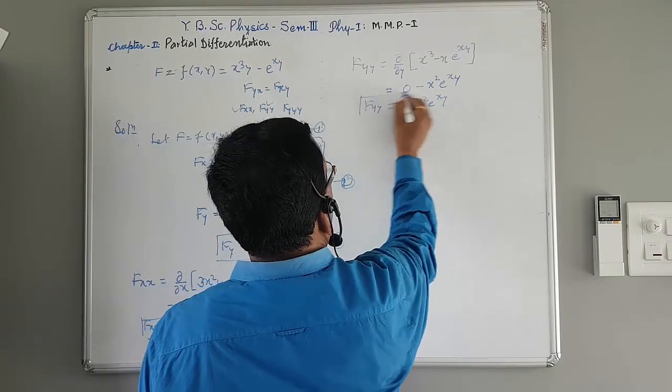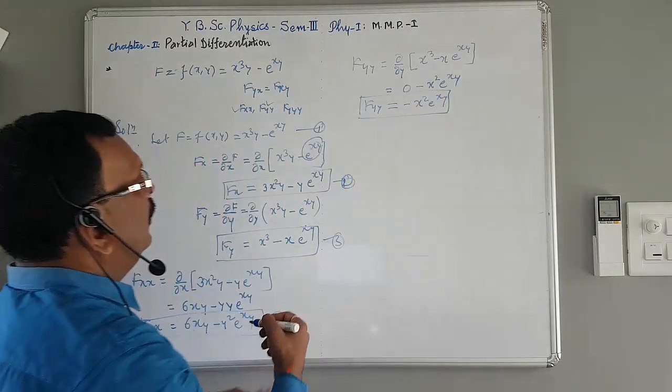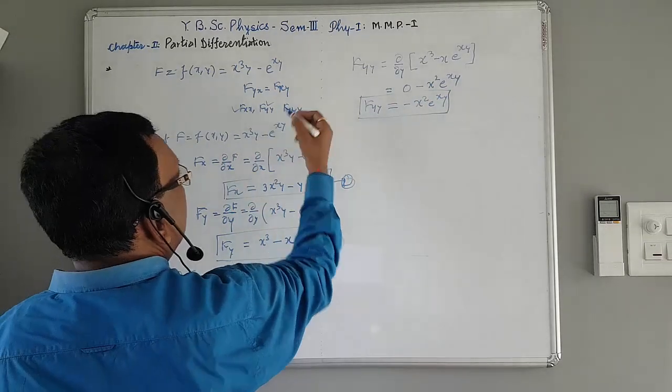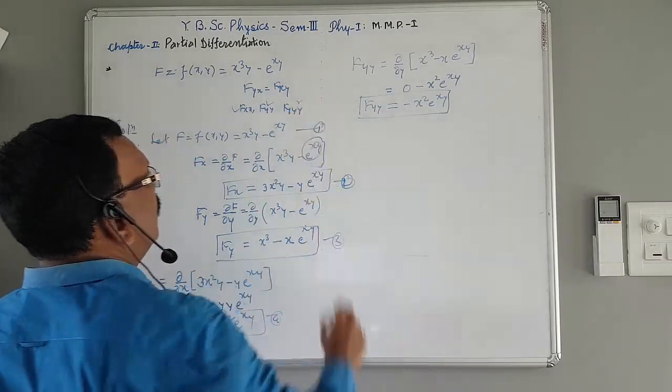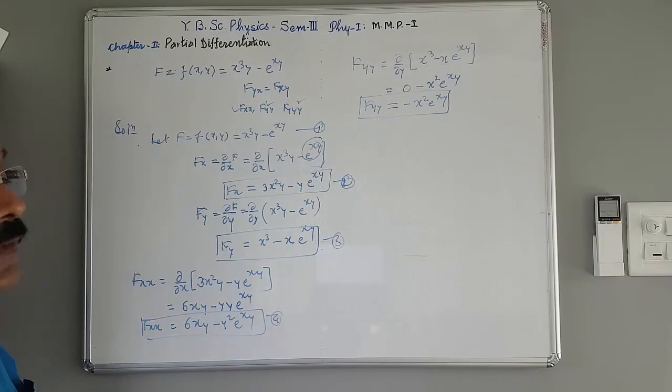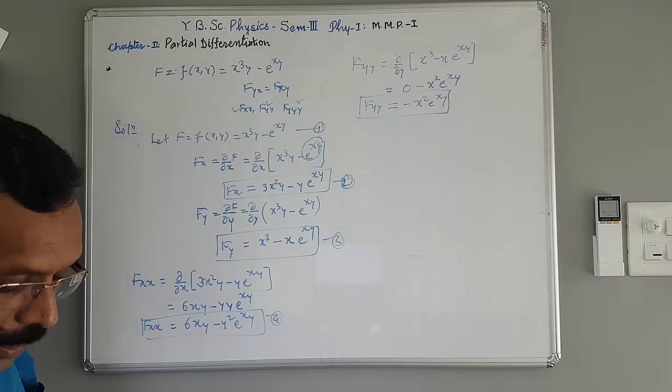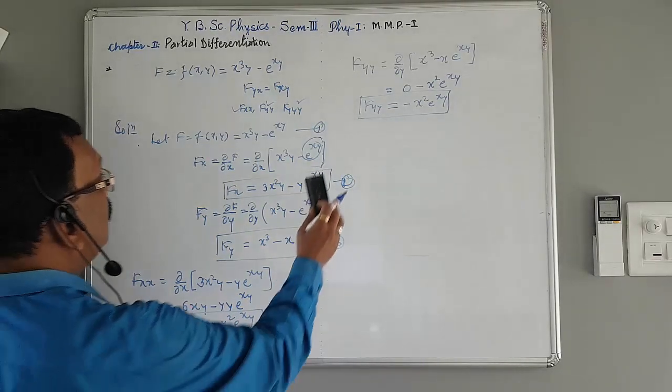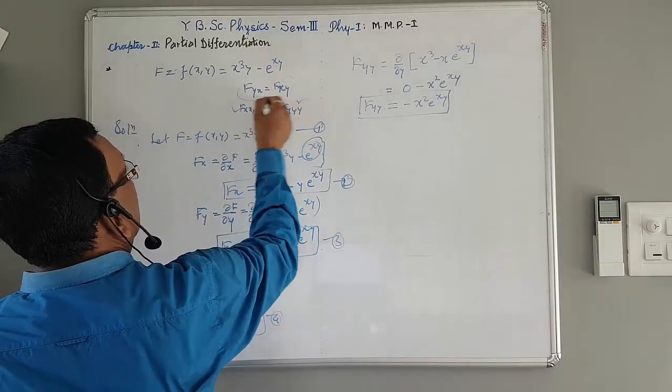This is the value of the second order derivative of the given function f. In similar way we can find the value of the third order derivative of the given function with respect to y. Now here we have to prove this.